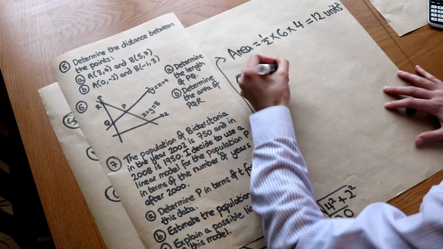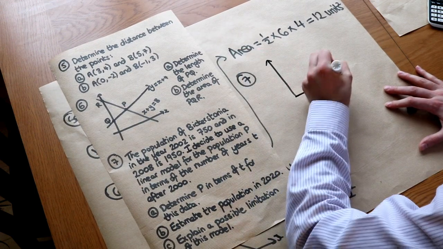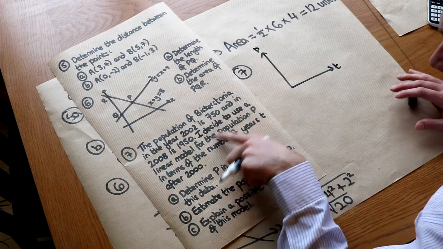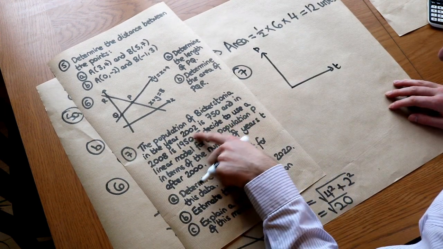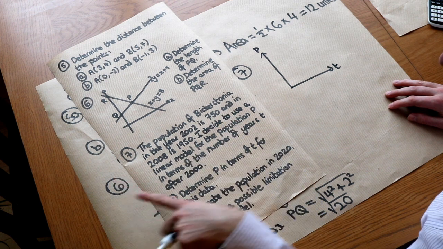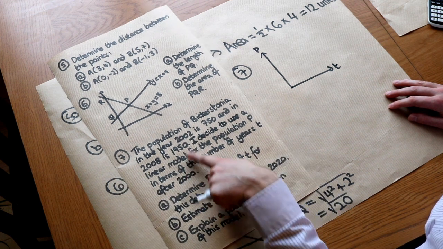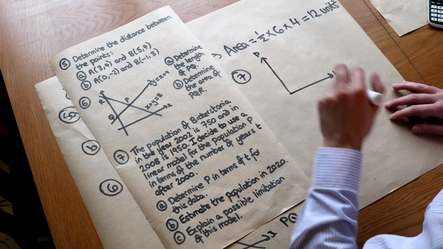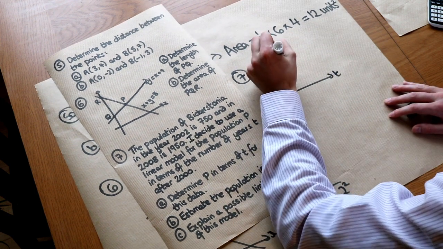Well, if we were to plot the population P against the time T, then let's use the data points we're given. We're given that in 2002 the population is 750. So T is the number of years after 2000, so T is 2 here. So we've got 2 as the T value, P is 750, so (2, 750).